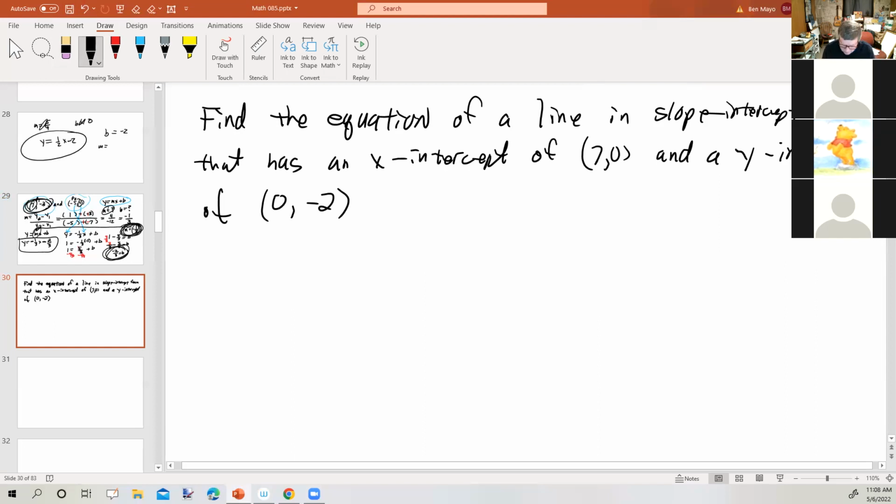I get myself confused. Okay, so we've got 2 ordered pairs, right? Right here and right there. What could we do with those 2 ordered pairs to get the slope? To get m.